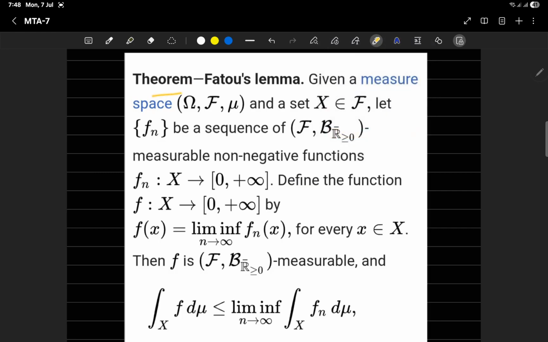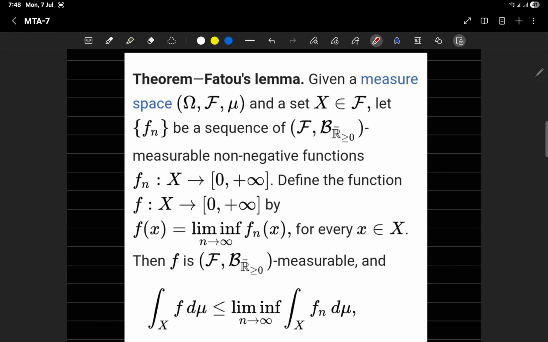Single color, okay, this one is fine. This is a measurable space where this is the main set, this is the sigma algebra on it, and this is the measure.